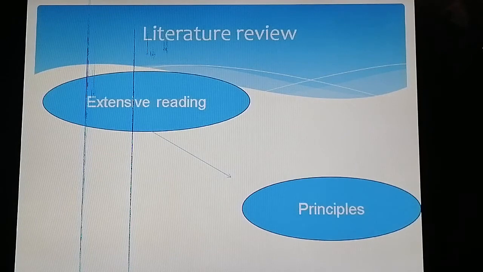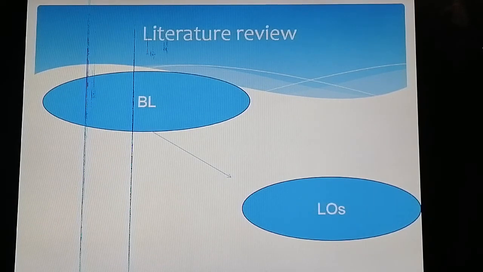Teachers guide their students and are considered the reader's model. Other important concepts are the characteristics of the blended learning modality and learning objects.